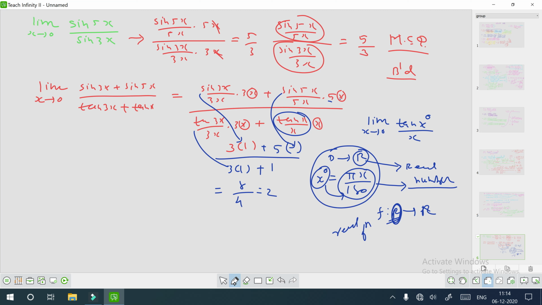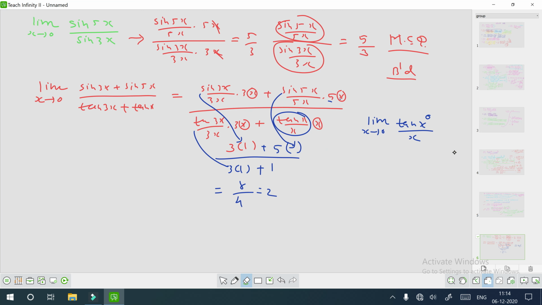That means in our syllabus, or in our 11th and 12th science, we have to see the limit of a real function, differentiation of a real function, integration of a real function. So we need to convert it into radian form. Limit x tends to 0, tan pi x over 180, over what we need?